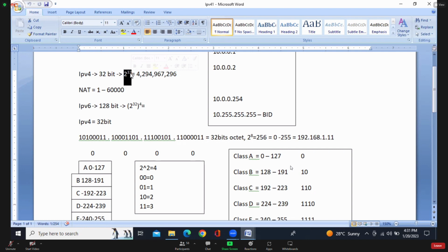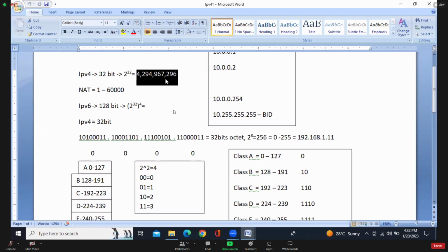So how many combinations will we have? More than 4 billion combinations. I hope you got it, guys. Clear? Those many combinations we have.